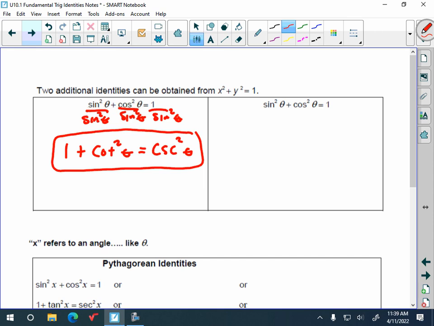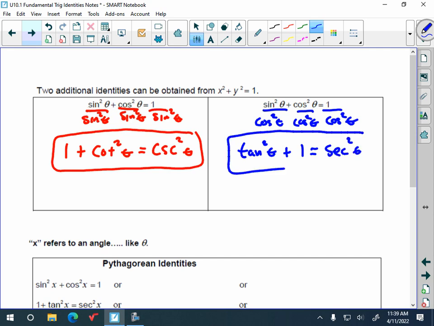Then I can take the exact same main Pythagorean identity. This is the main one always. And then I can divide everything by cosine squared and do the same thing. So simplifying each fraction, sine squared over cosine squared, according to the quotient identity, will be tangent squared, plus cosine squared over cosine squared is 1, equals 1 over cosine squared, according to the reciprocal identity, is secant squared.